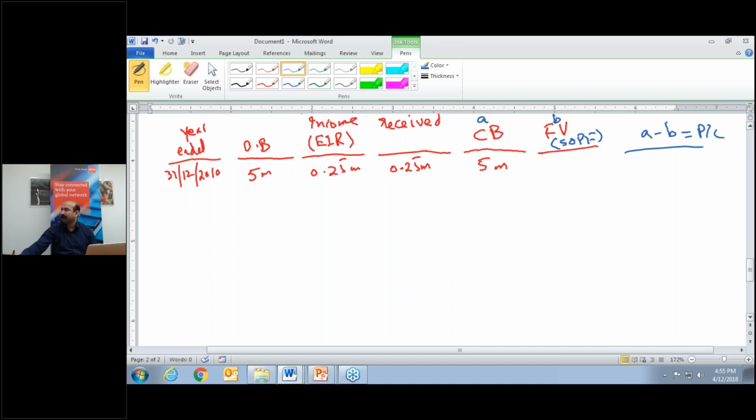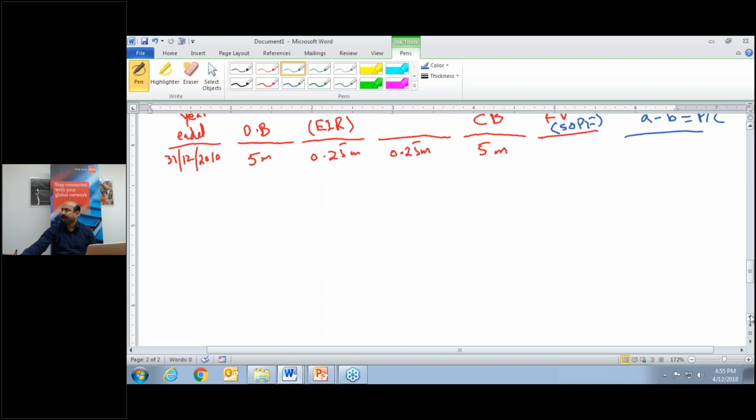As we learned yesterday, how can we calculate the fair value at 31st December 2010? After this date, the next year is 2011, the first year after this date, then 2012, 2013, and 2014. The cash inflows will be 0.25, and at the end of the fourth year, 5 million plus 0.25, so this will give us 5.25 million.